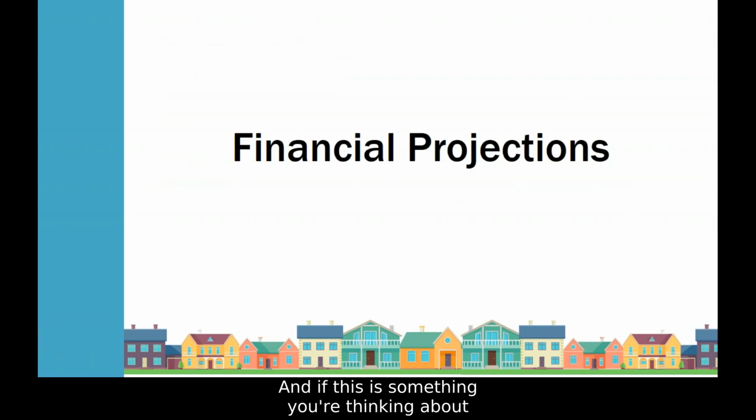And if this is something you're thinking about and want to learn more, there is a resource available, a recording from the HOPWA Institute presentation on assessing community need and using Resource ID. So take a look at the link when you get the slides.